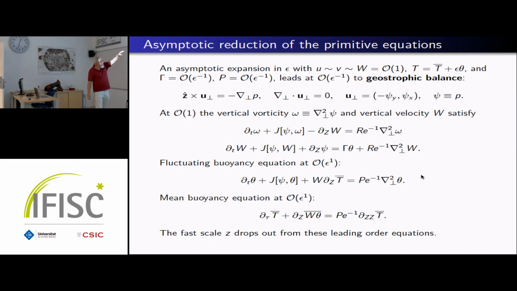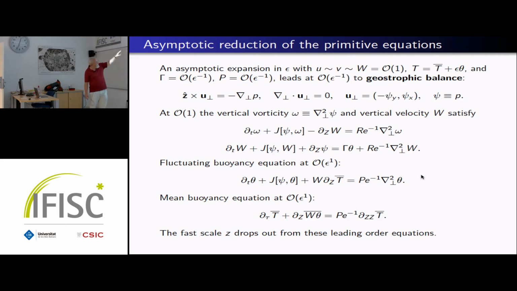The temperature is going to be a horizontally averaged temperature plus a departure from that called theta. And we're looking at situations where you have strong buoyancy forcing, so large gamma, large P, and at leading order, you then get this geostrophic balance equation here, where the Coriolis term is balanced by the horizontal pressure gradient.